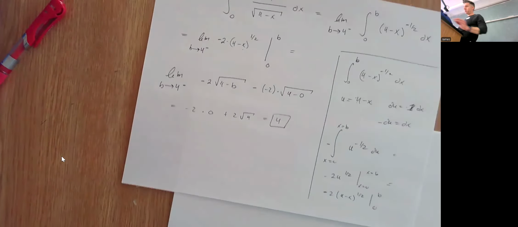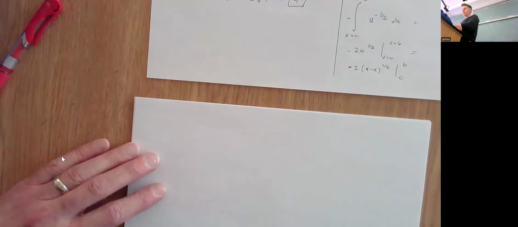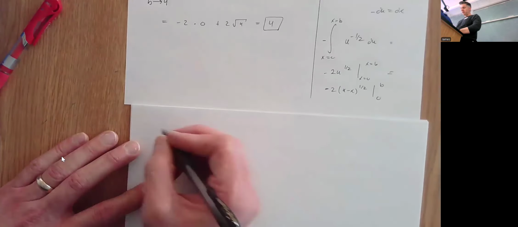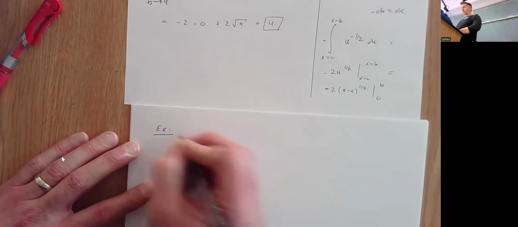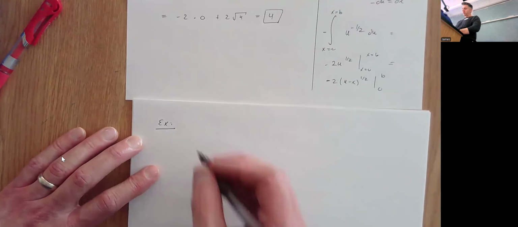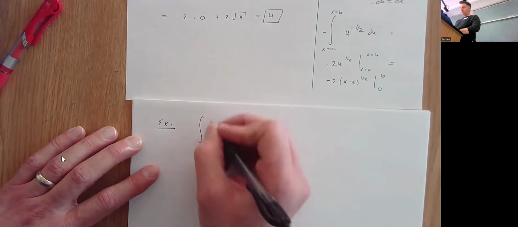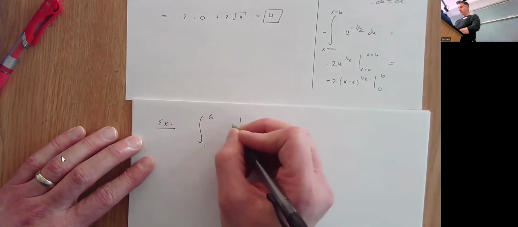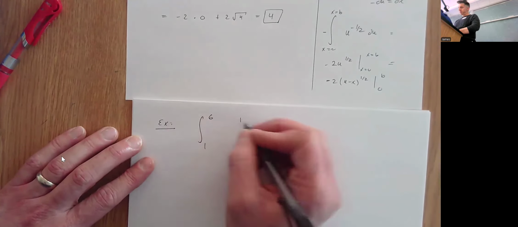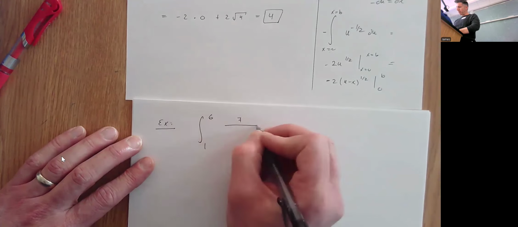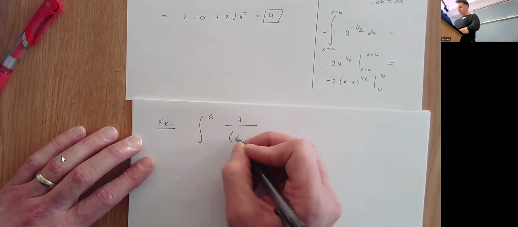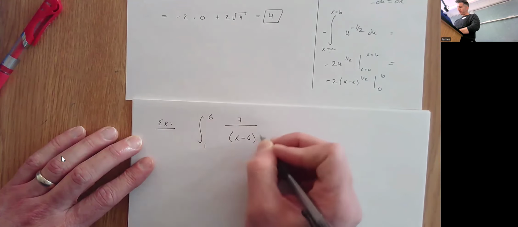Okay, so let's look at another example where similar things are happening, but not quite the same. So let's do the integral from 1 to 6 of 7 divided by x minus 6 cubed.